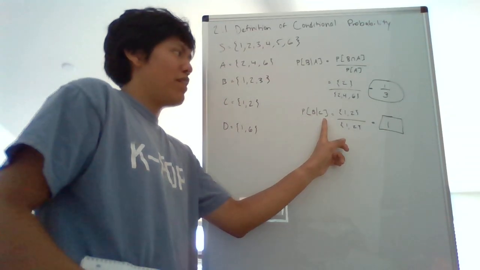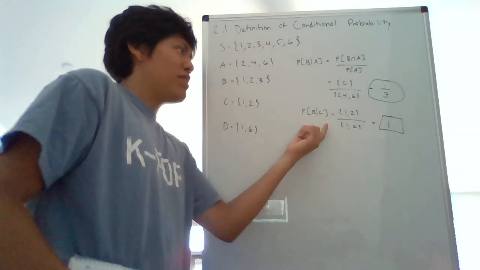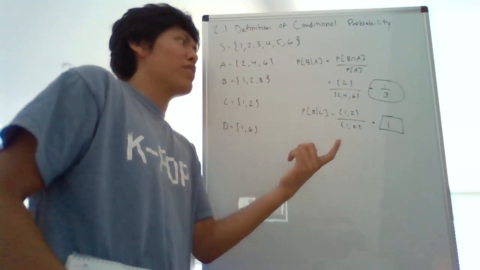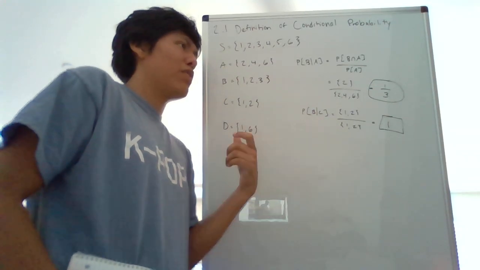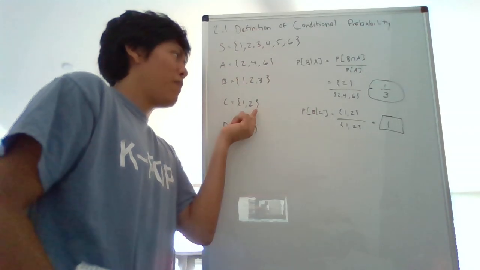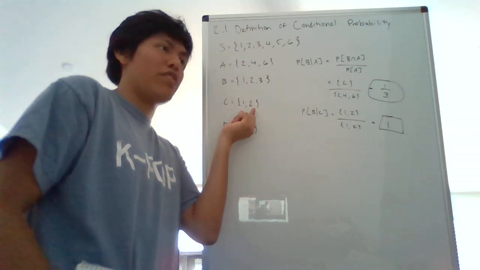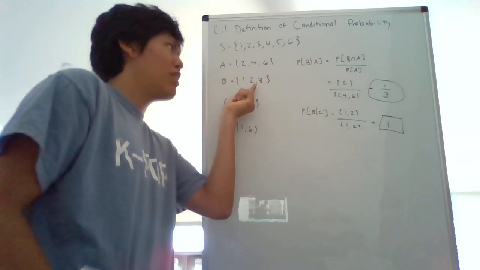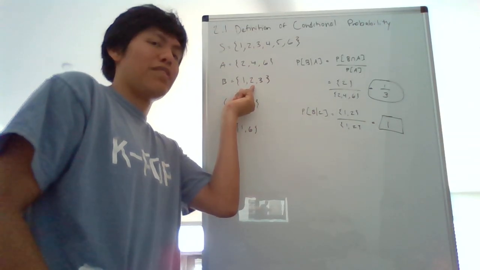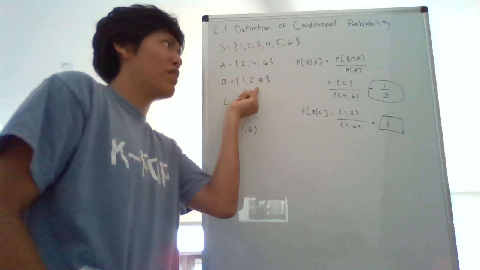Similarly, right here, what if we tossed either a 1 or a 2, because that's what's in C? Then what's the chance that, just choosing from these two sample points, the next throw that we toss also lands in one of these sample points from B?